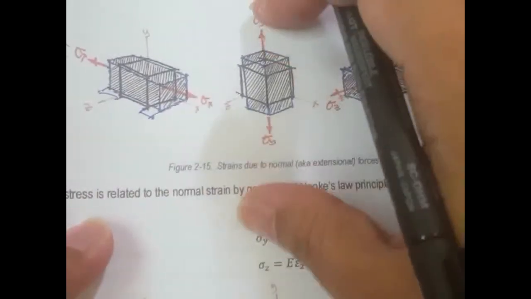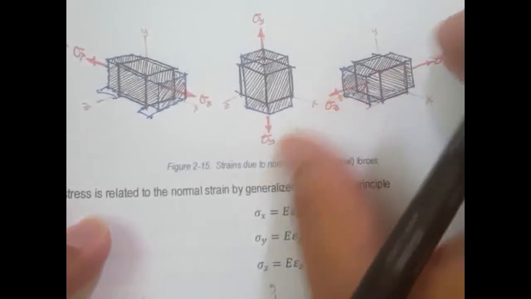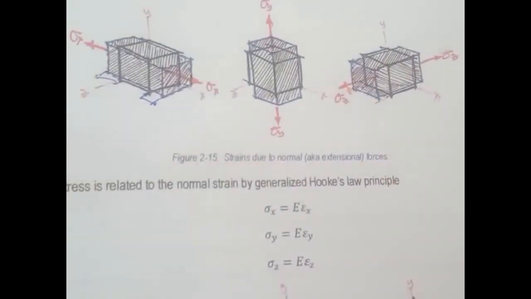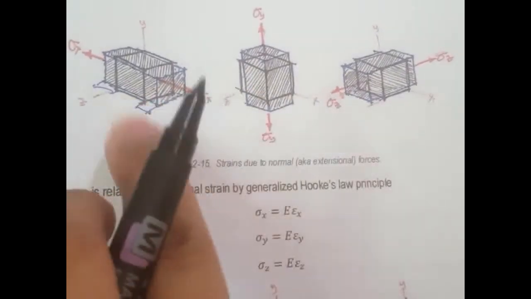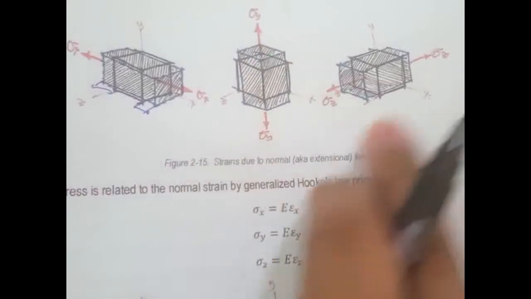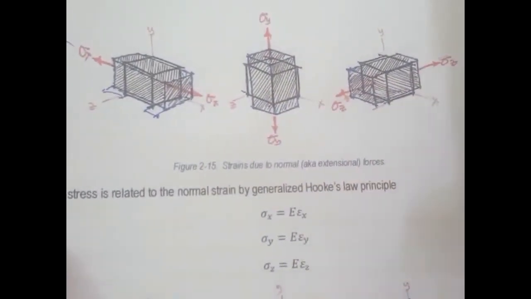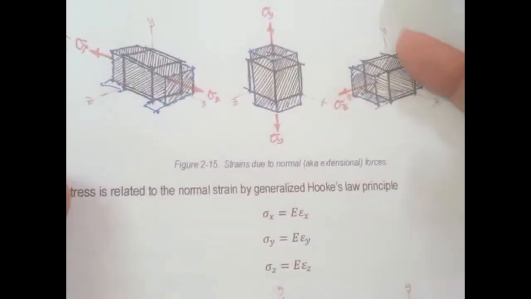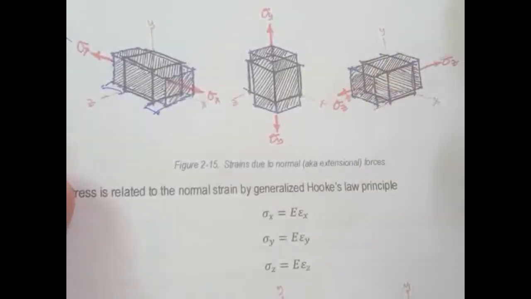Now if the loading is in the y direction, then the strain would be in the y direction. If it's in z, then it's going to be in the z direction. Now if the loadings are all combined, x, y, z, then it's simply a combination of the strain in x plus the strain in y plus the strain in z. And sometimes if we consider the thermal effects, then there's going to be expansion of the material, and we have to take that into account as well.